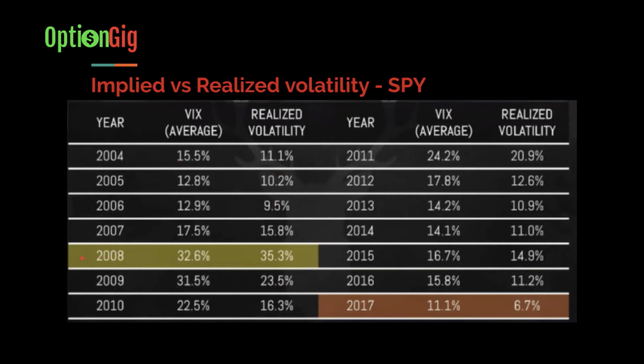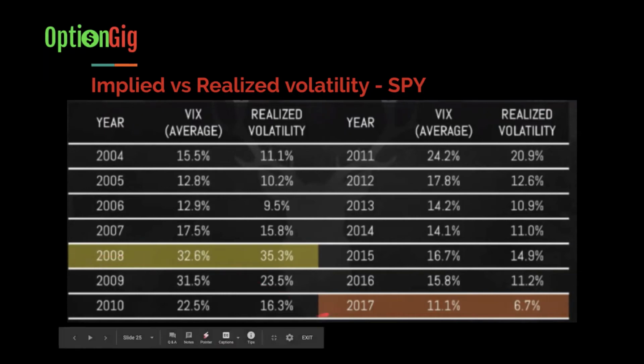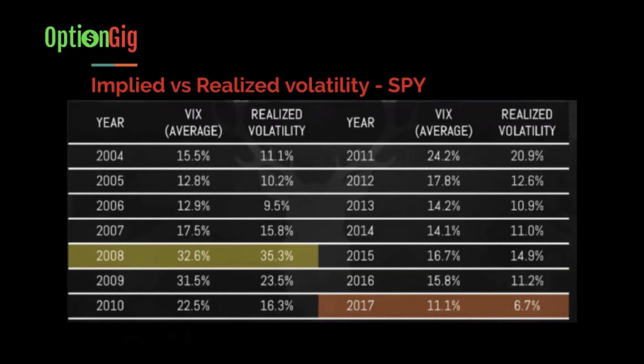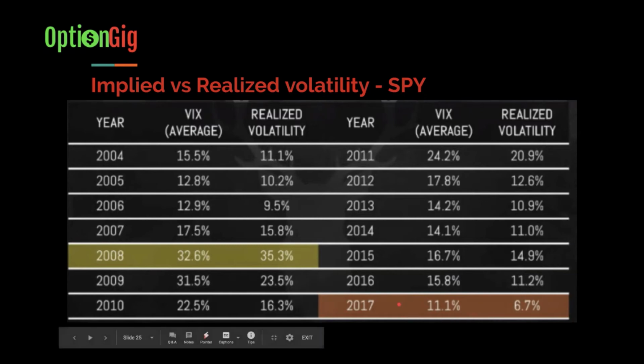The 2 years where the implied volatility was not overstated: one was 2008, and we all know what happened in 2008. And then another one was 2017. And I'm sure if we run the data till the end of April 2020, we'll add one more year, 2020, over here.